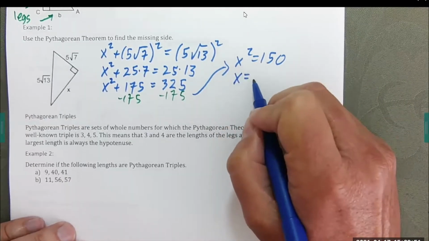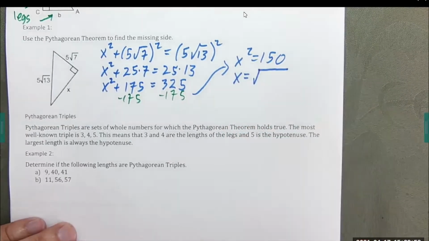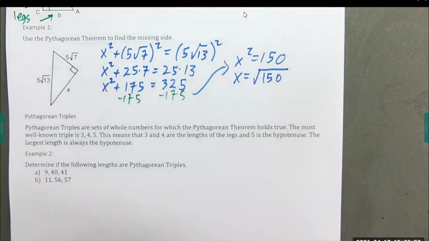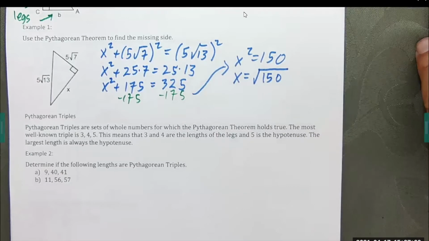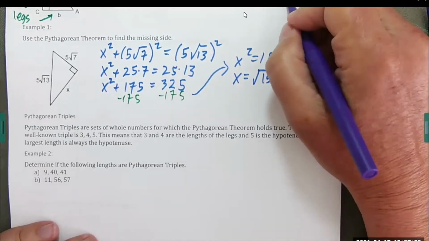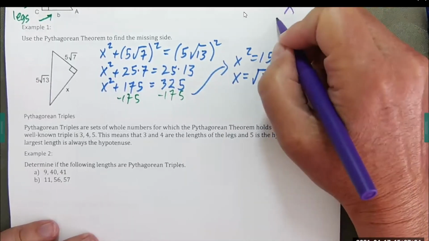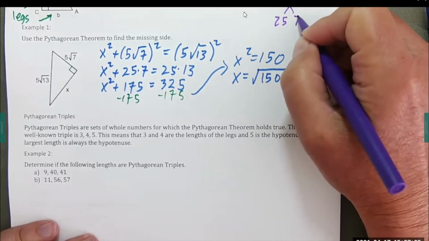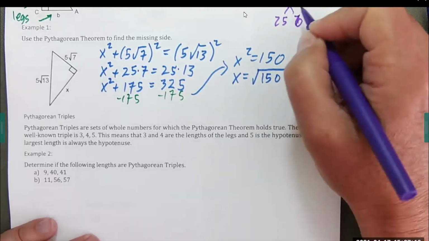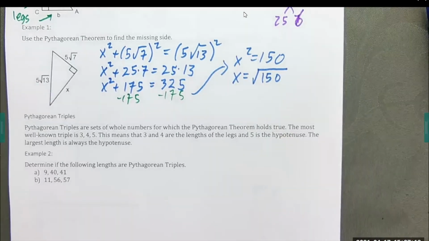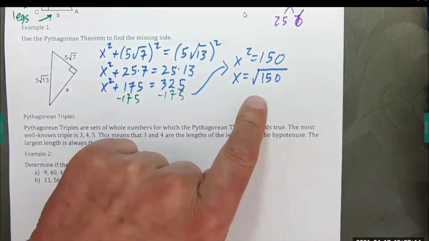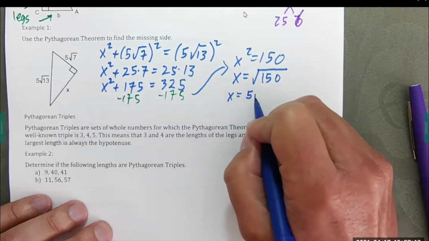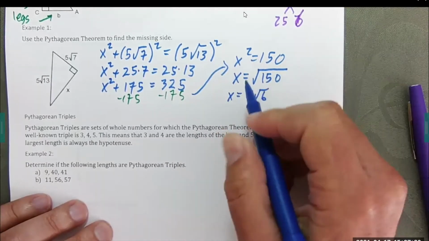And we're assuming the leg is positive, so we're only going to have the positive root in this case, root 150. Now 150 does break down. So 25 times 6. And you can see the root 25 can come out. Root 6. So there is my missing side.